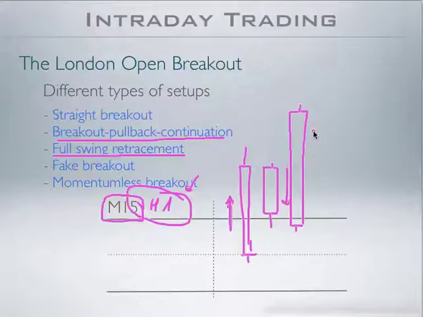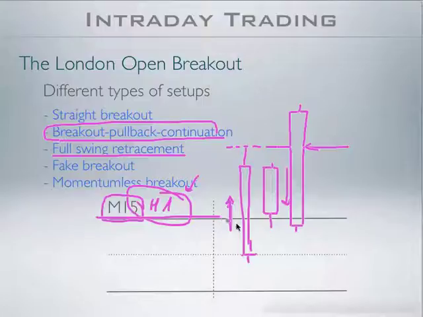continuation move. Obviously your entry this time around can only be aggressive. You cannot, I repeat, you cannot place your buy stop order, your buy pending order right there as we did on the breakout pullback continuation pattern, because price is just too far away from the upper boundary, from the breakout point, probably, again, I must repeat, 50 pips plus, and the risk-reward ratio would be too poor, not worth taking.